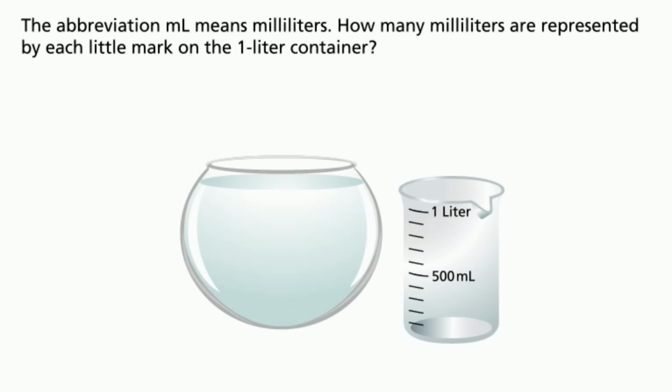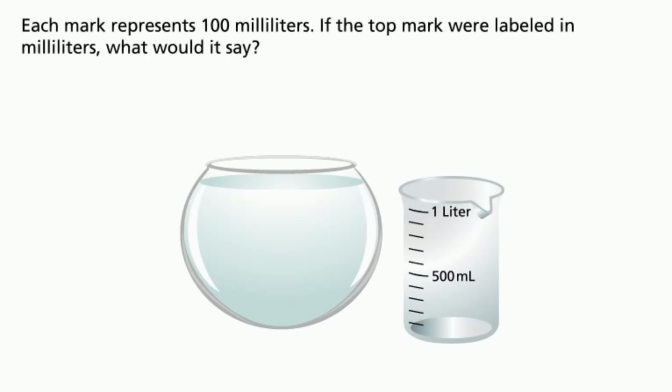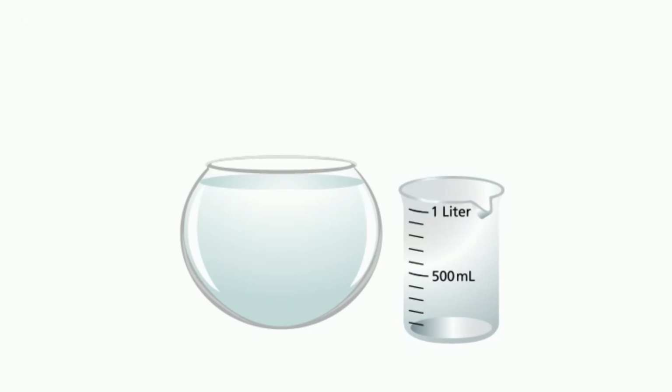How many milliliters are represented by each little mark on the 1-liter container? Each mark represents 100 milliliters. If the top mark were labeled in milliliters, what would it say? The top line represents 1,000 milliliters.